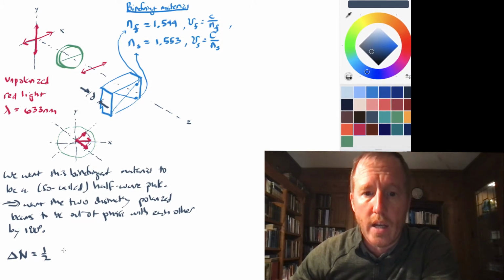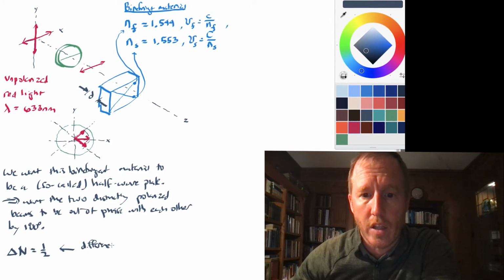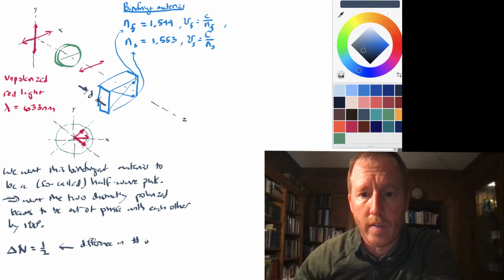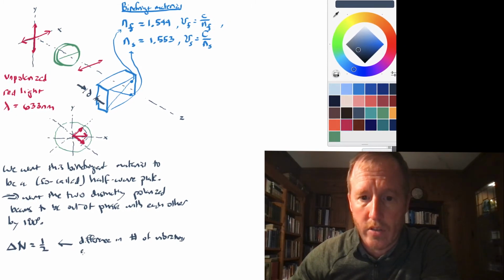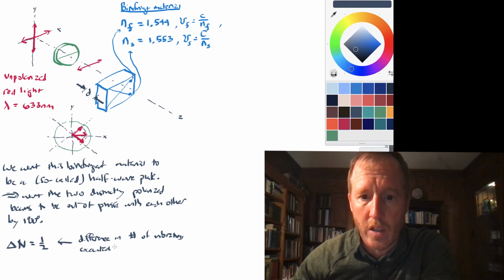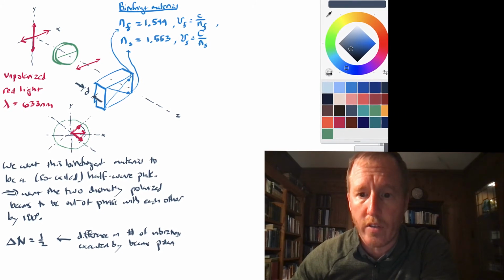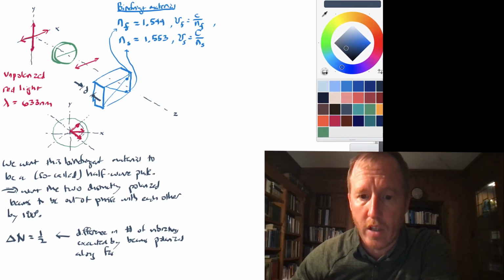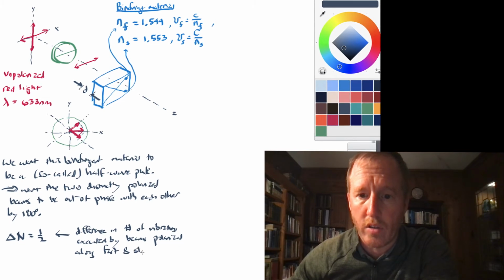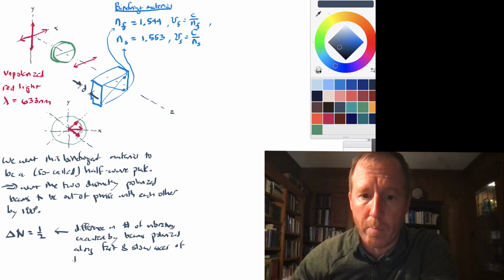Okay? So again, this is the difference in the number of vibrations executed by the beams polarized along the fast and slow axes of the crystal, or of the birefringent material.